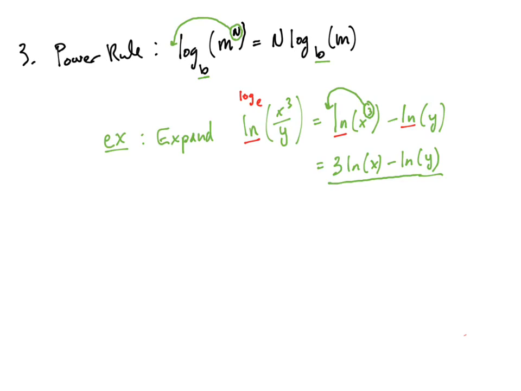Let's think about how this relates to the rules of exponents. If I have x to the third raised to the fifth, what I do is multiply 5 times 3, so we get x to the 3 times 5, which is x to the 15th. So what we're doing is multiplying there.